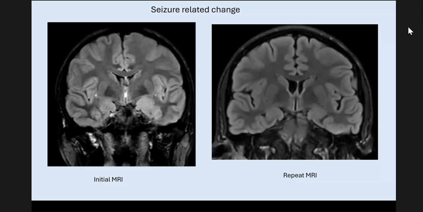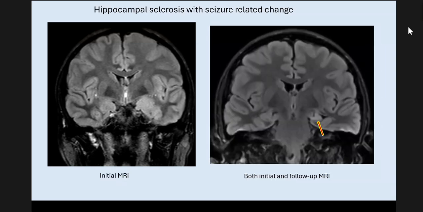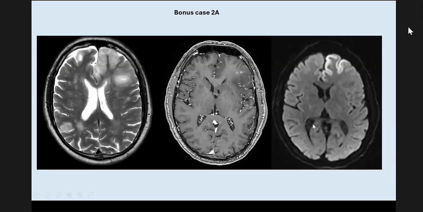So the patient has mesial temporal sclerosis or hippocampal sclerosis, and there are changes secondary to the seizure activity, very much close to the mesial temporal region. So, hippocampal sclerosis with seizure-related change. That would be the complete diagnosis. So, this area of hippocampal sclerosis was present on both initial and follow-up MRI.